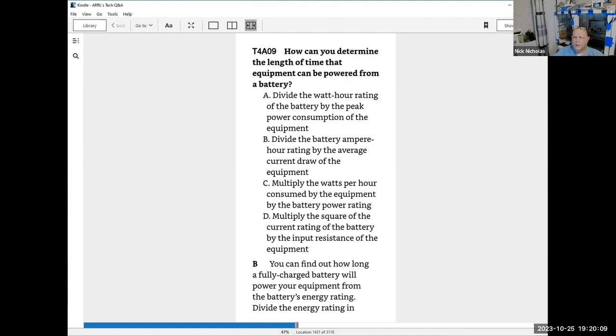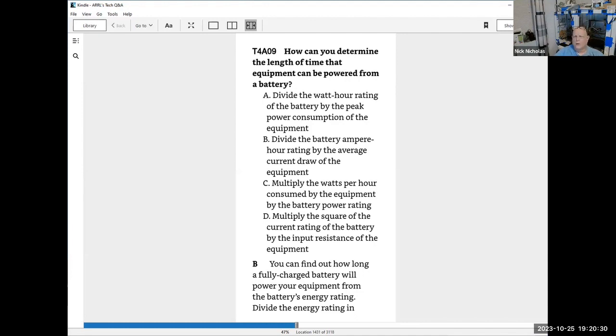You don't transmit 100% of the time unless you're leaving it in digital mode at maximum power or something like that. You do some listening, right? So you can figure what percentage of listening and what percentage of transmitting. Let's go 50-50.